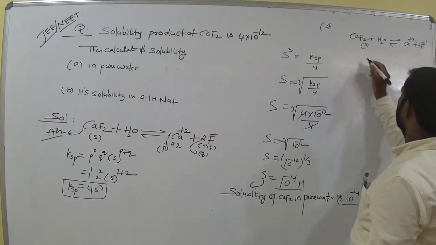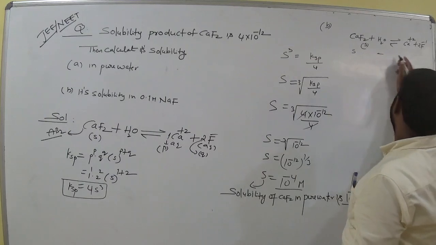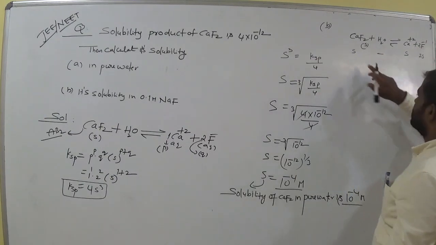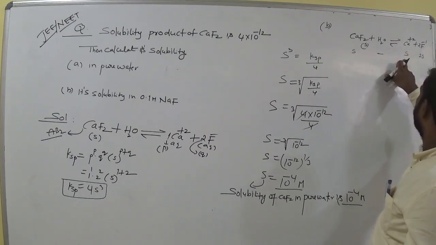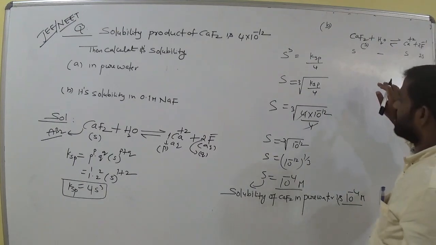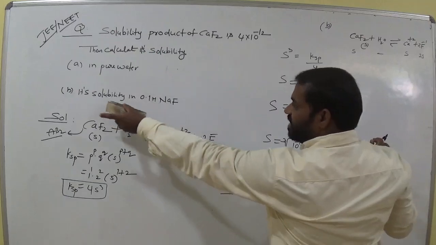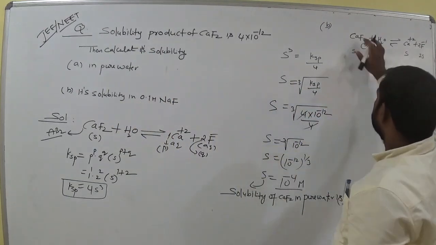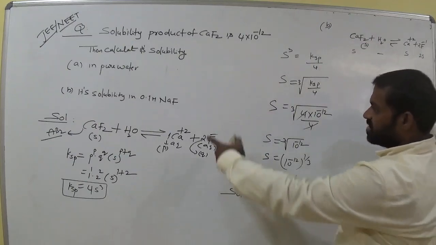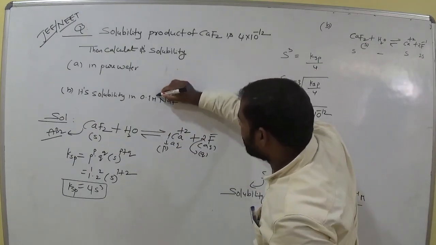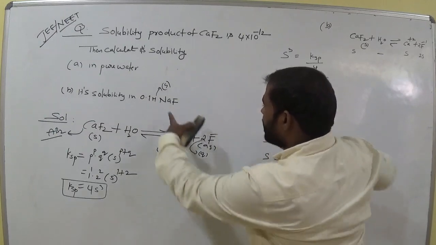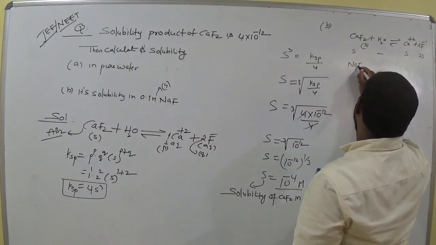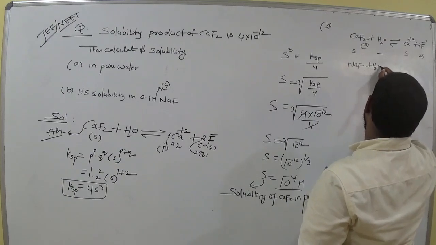Its solubility is S, so Ca2+ is 1 into S, and F minus is 2 into S. Now we add NaF to the solution. M means molarity, molarity means solubility, so the NaF solubility is 0.1. So NaF is added to this solution.